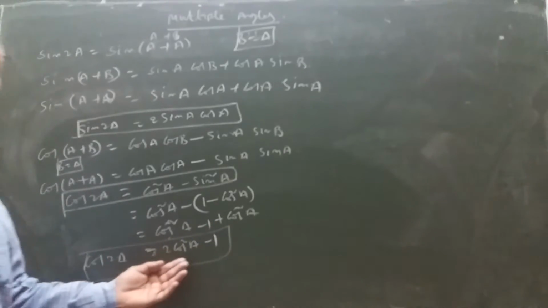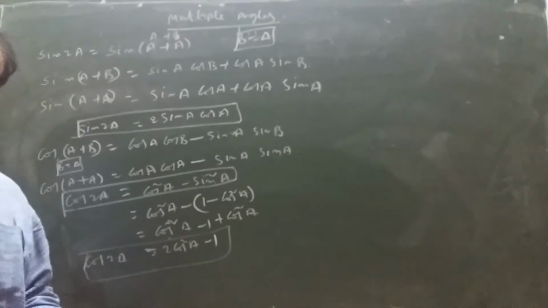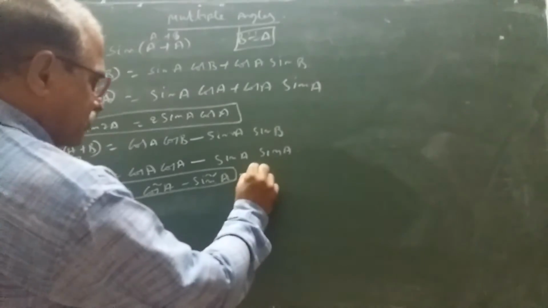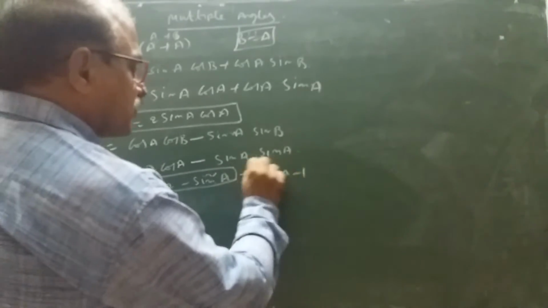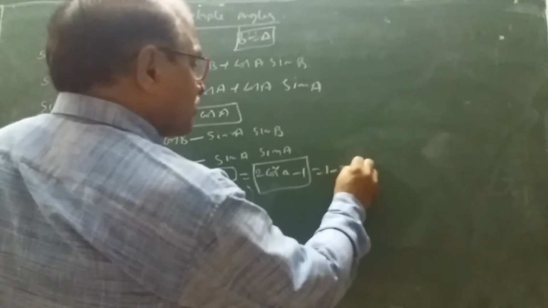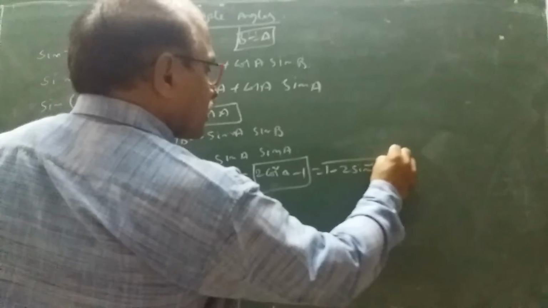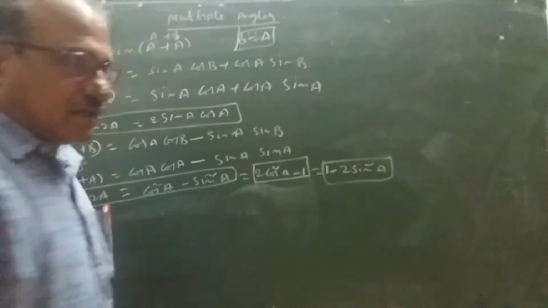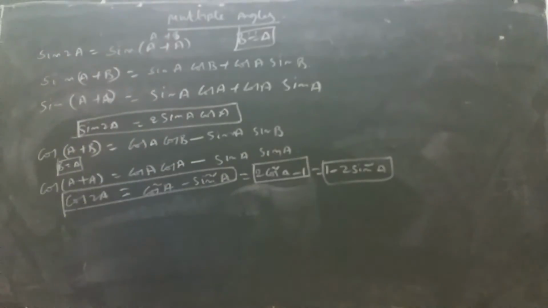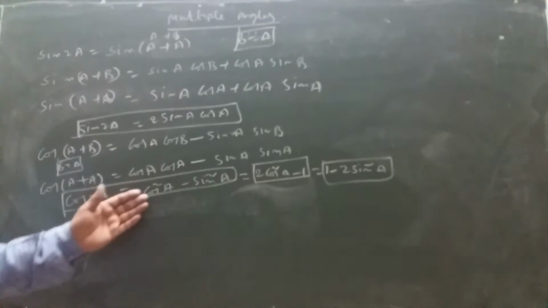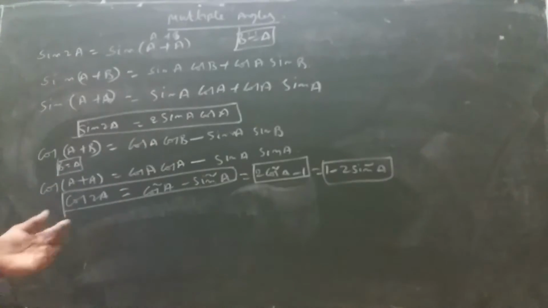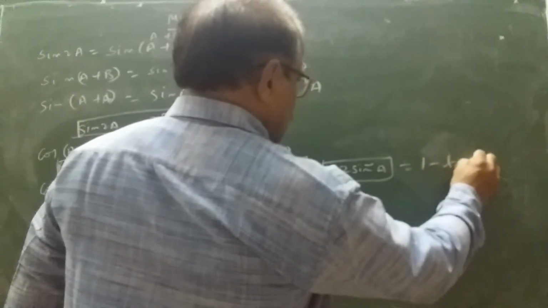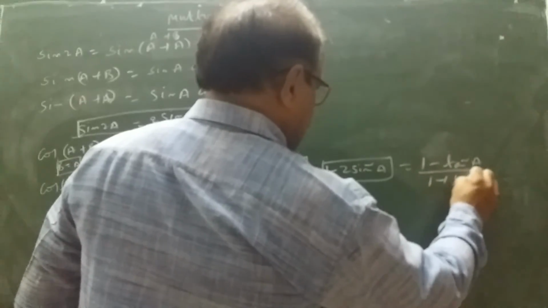Similarly, in terms of sin, instead of cos square A we write 1 minus sin square A, giving 1 minus 2 sin square A. Dividing by cos square A, it can be written in terms of tan as 1 minus tan square A by 1 plus tan square A.